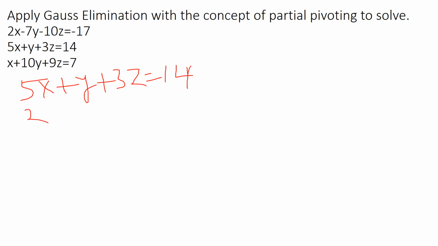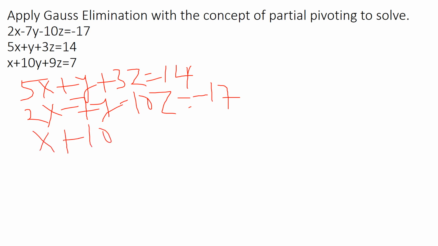So we have 2x minus 7y minus 10z equals negative 17, and then the other one, x plus 10y plus 9z equals 7.